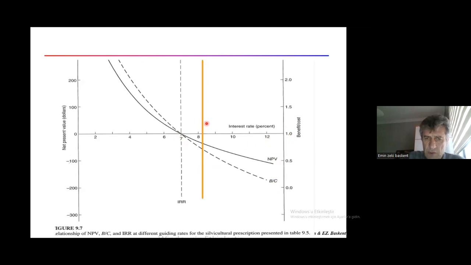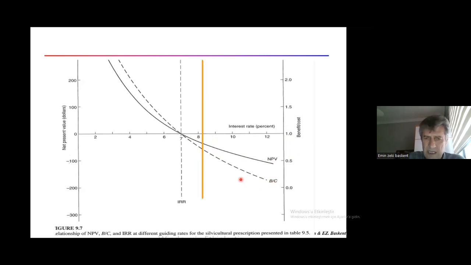If the internal rate of return increases, moving towards the right, then the net present value becomes negative and benefit cost ratio becomes less than 1. Remember that benefit cost ratio does not become negative.